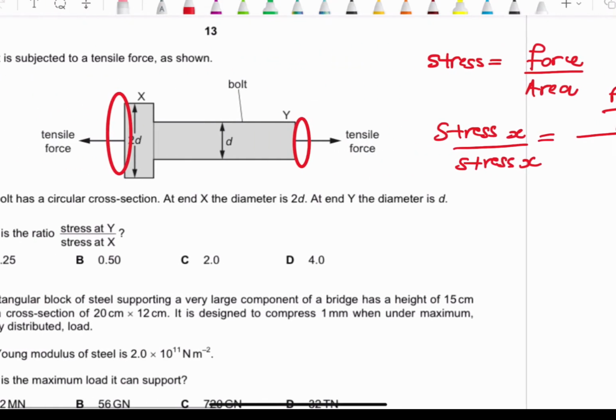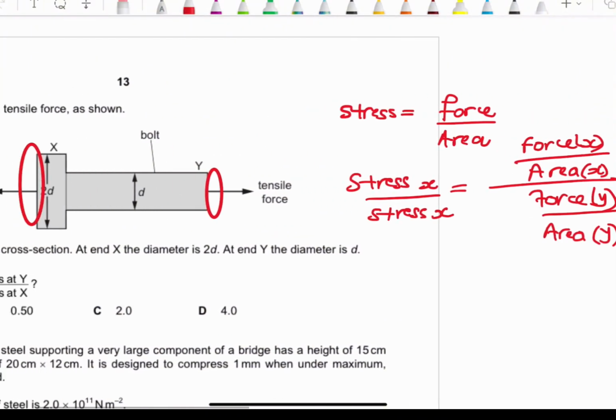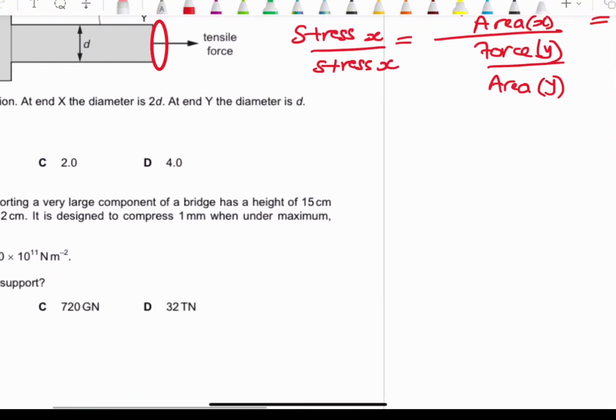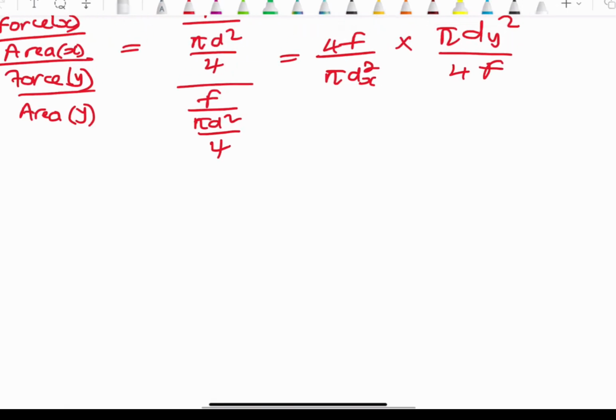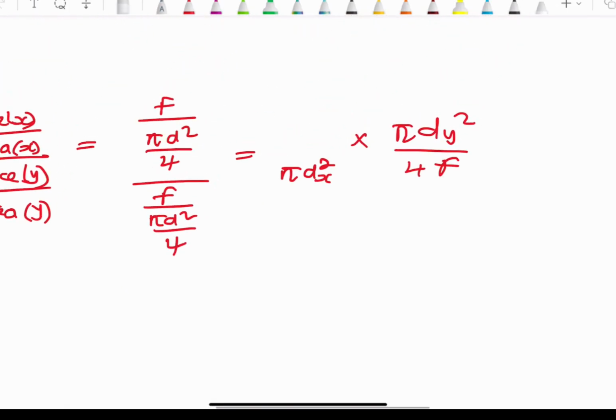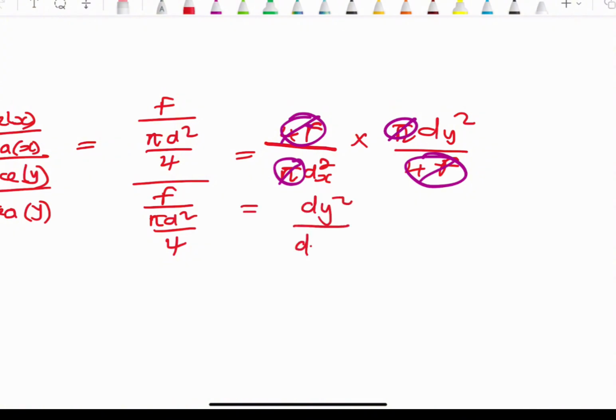But these are going to experience the same tensile force. What's different is end X has a diameter of 2D. But the tensile force is the same, so the F's cancel out, the pi's cancel out. We're left with dy squared over dx squared.